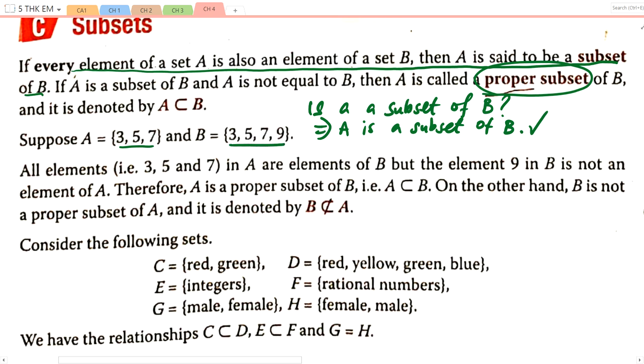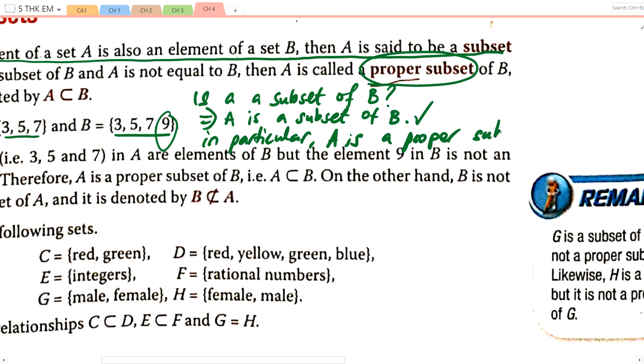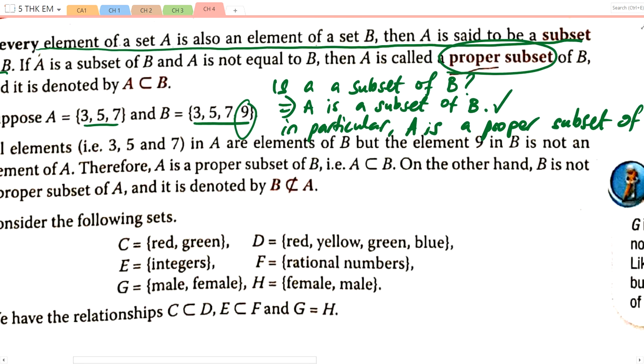No, because the element 9 is not found inside A. So they are not equal, but A is a subset of B. So now we fulfill the conditions to call it, in particular, A is a proper subset of set B.